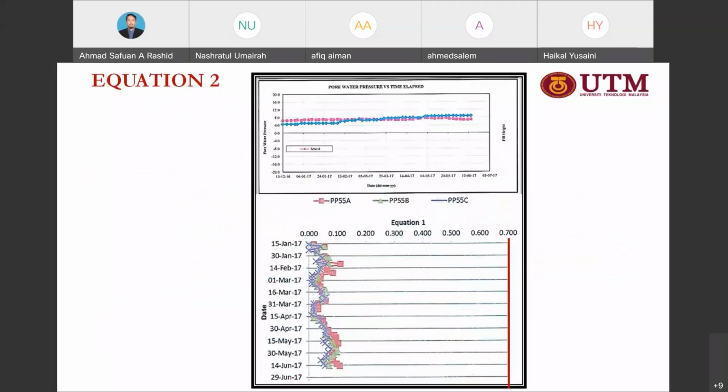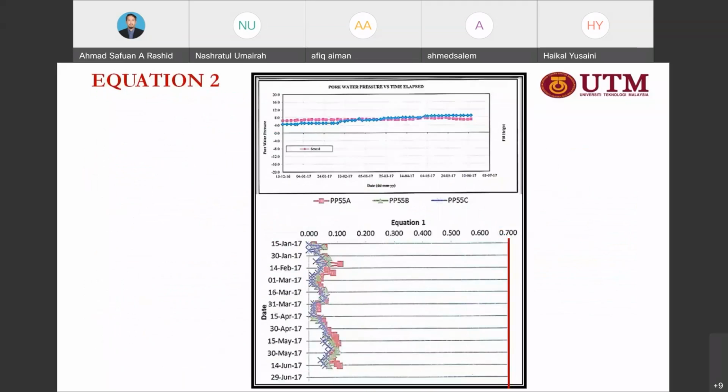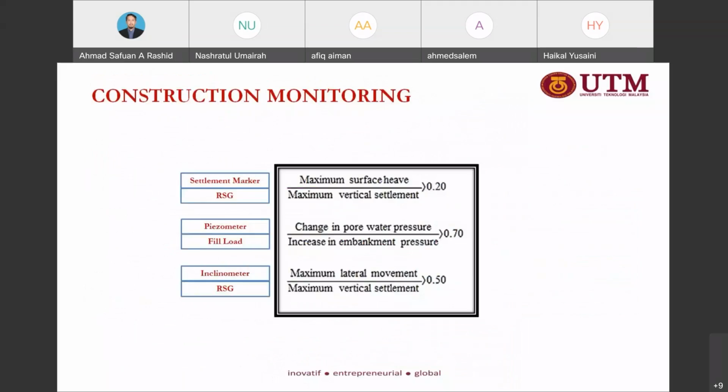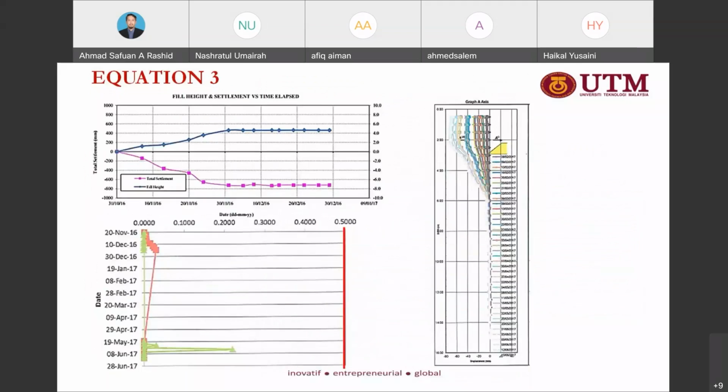The last one is the equation for the inclinometer over strain gauge value. It should not exceed 0.25. So that's why it's very important to monitor during the filling process.